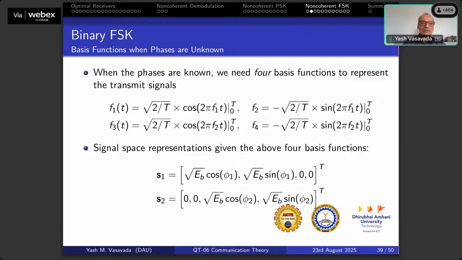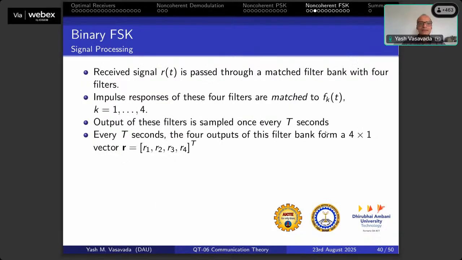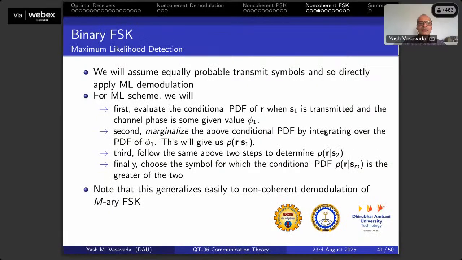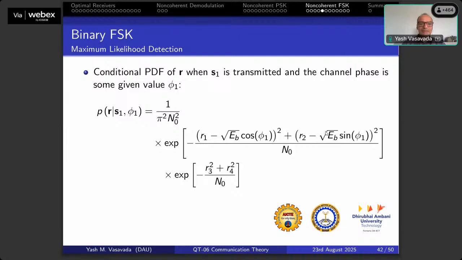Which functions? f1, f2, f3, f4. Basically cosine and sine of f1 and f2. So we will assume equiprobable symbols and maximum likelihood scheme, and we'll see what happens.